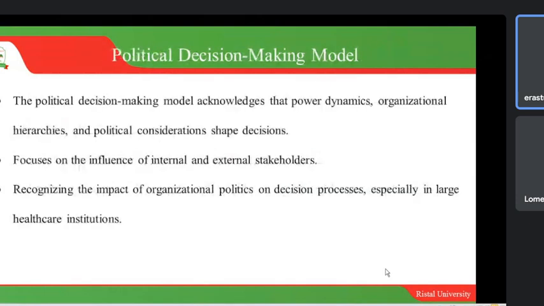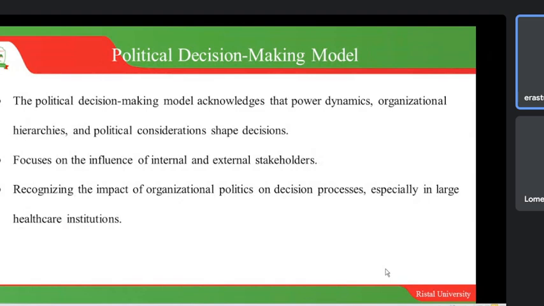Then we have what we call political decision making. We are saying political decision making models acknowledge that aspects around power dynamics, organizational hierarchies, and political considerations are going to shape the decisions that we make.